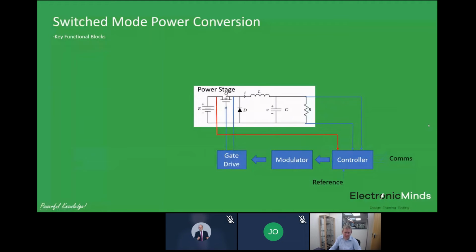The controller can operate on any parameter or all sorts of parameters in the system, especially when you have advanced digital control. So if we take the input voltage and use that as a reference, we can start implementing feed-forward control. So we can actually use that as a variable into our control algorithm. There's a whole series of control schemes based around peak current mode control.